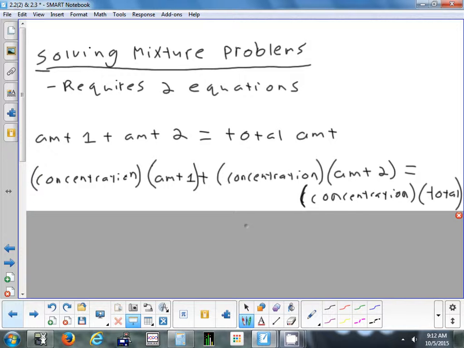And when you're done, I want you to mix it together so you've got 20 gallons. And I want it to be a 13% solution. So they'll tell you how much they want you to have, and then they'll tell you what they want the concentration of it to be. So the goal is going to be to figure out how much of the first solution and how much of the second do we mix together to make what they want us to make.